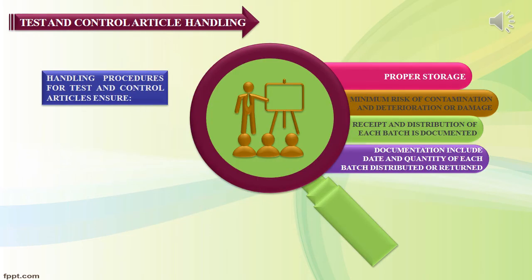Coming to test and control article handling. Handling procedures for test and control articles ensure proper storage and minimum risk of contamination, deterioration or damage. Receipt and distribution of each batch is documented.